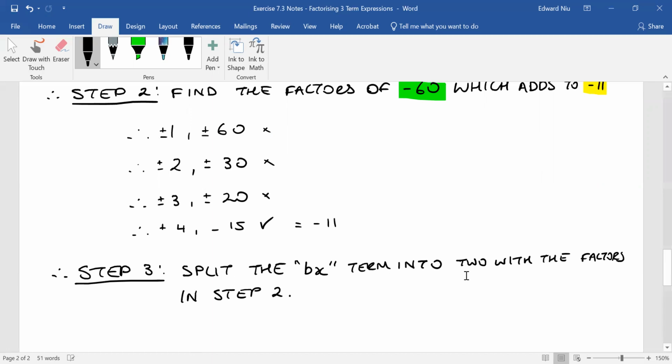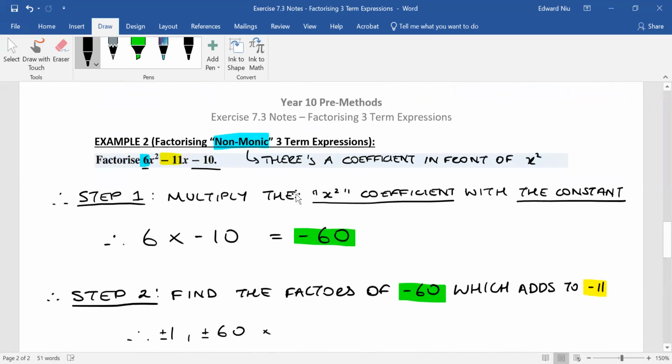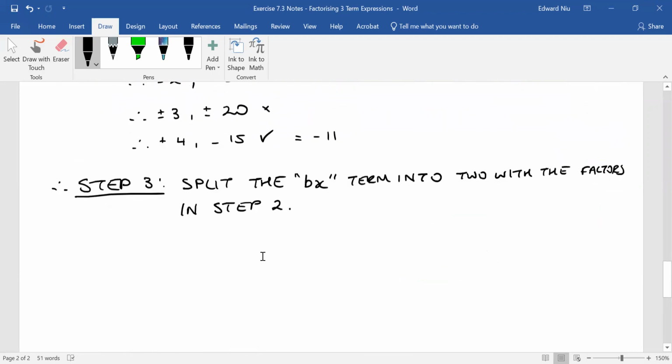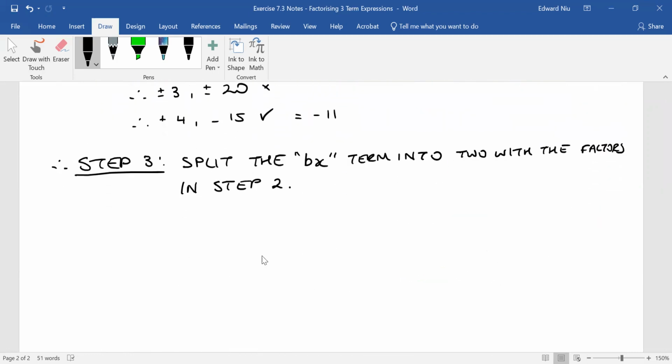So what does that mean? Let's write our original equation. So we had 6x squared take away 11x, take 10. So therefore, we actually have to split the negative 11x into these two proportions. So we would have a positive 4x and a negative 15x.